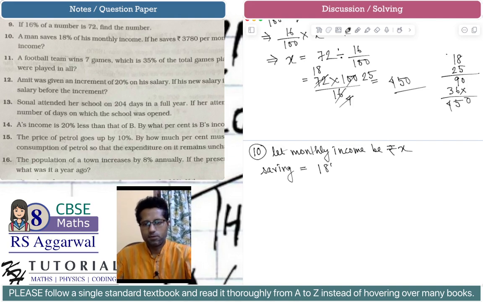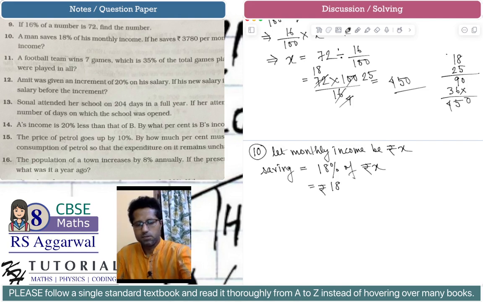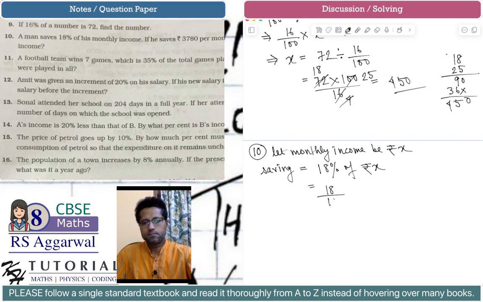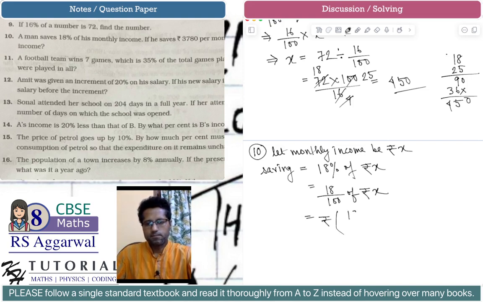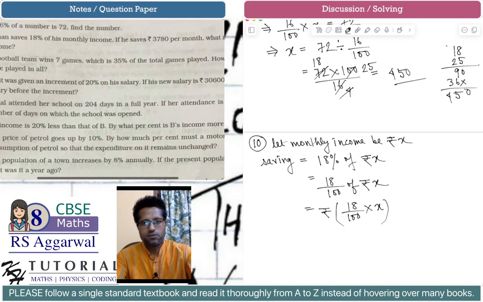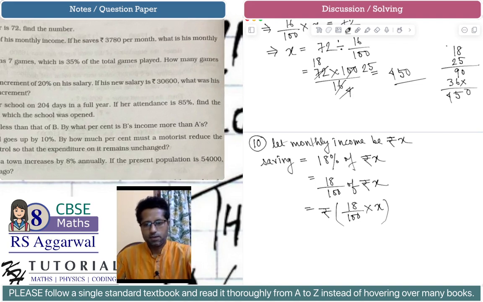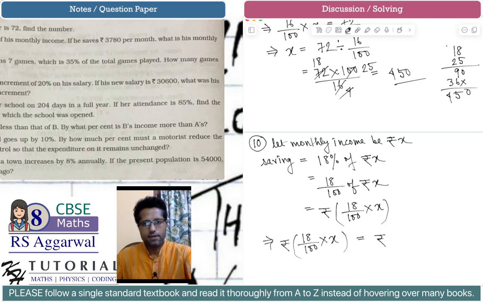So saving will be 18% of monthly income, which we have assumed to be rupees X. So this is equal to 18% of rupees X, which is equal to rupees 18 by 100 multiplied by X. Now it is also given that he saves rupees 3780 per month, so this implies that rupees 18 by 100 X, the monthly saving we have computed based on the assumption that monthly income is rupees X, must be equal to rupees 3780.